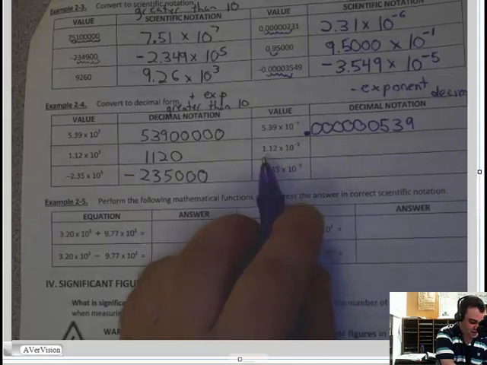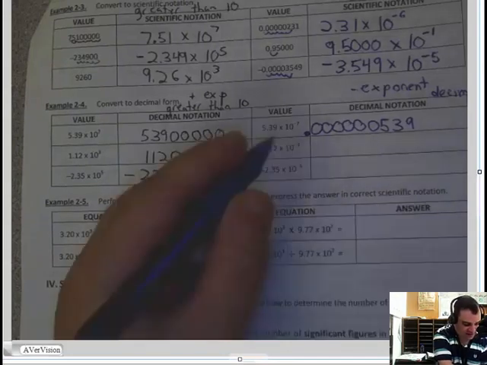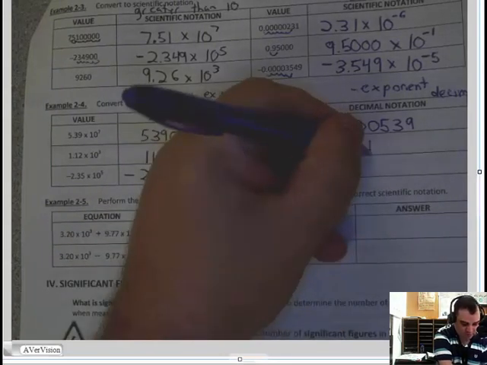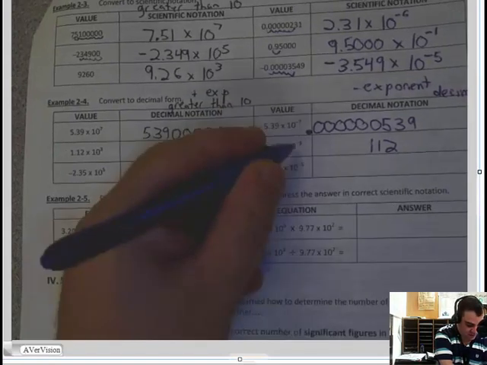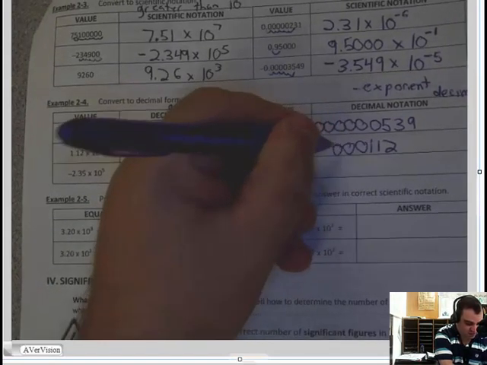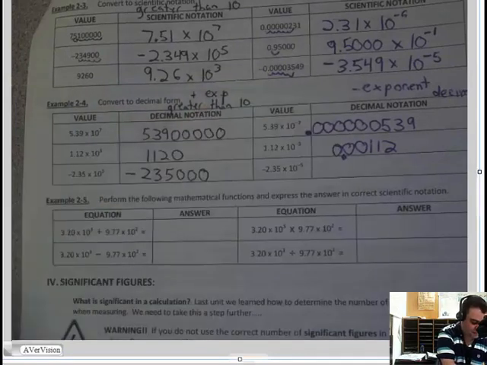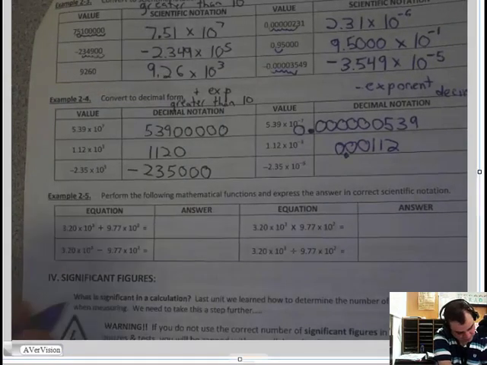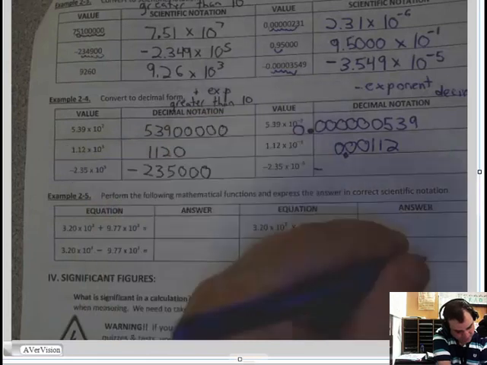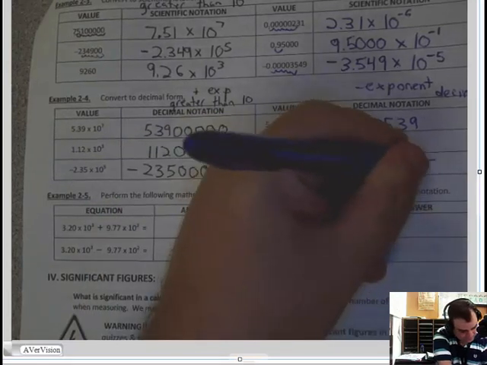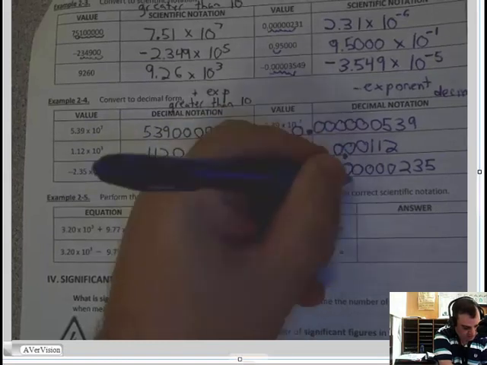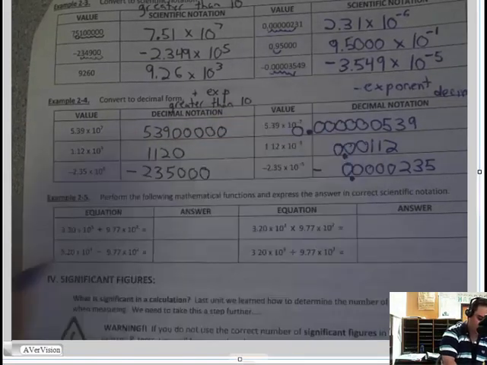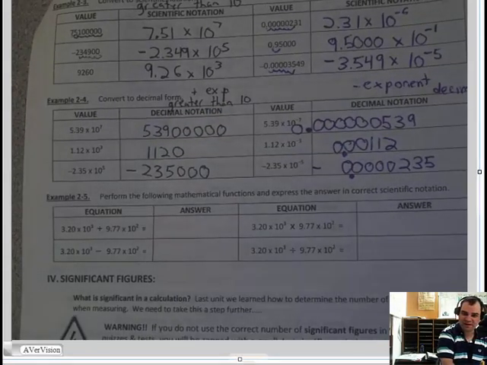Ready? 1.12 times 10 to the negative 3. This works for the negative exponents. 112. It says 3, so you write 3 zeros, and then you put the decimal point after the first 0. That works as well. Negative 235, 5 zeros, and then you put the decimal point after the first 0. There you go.